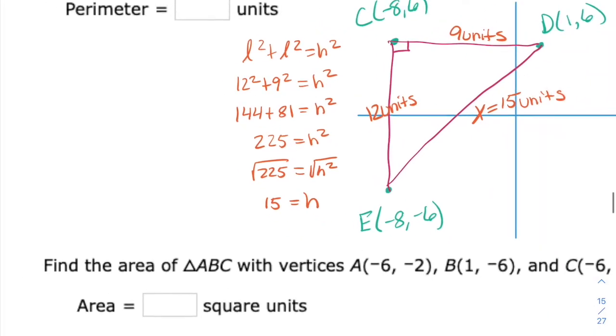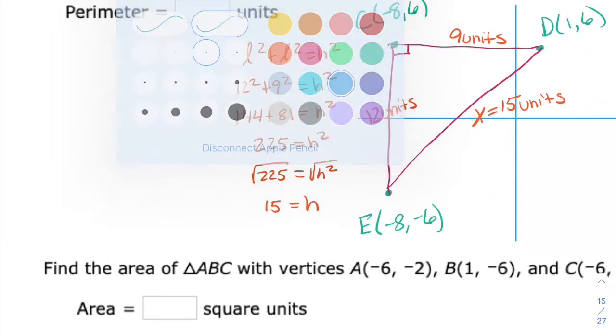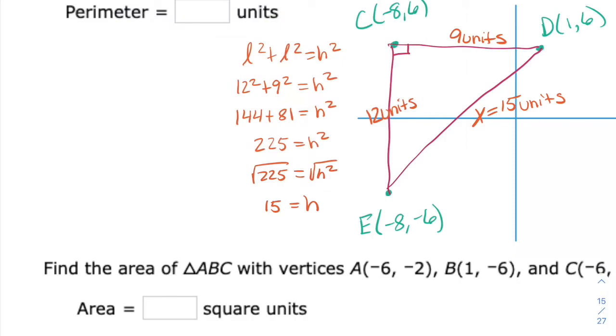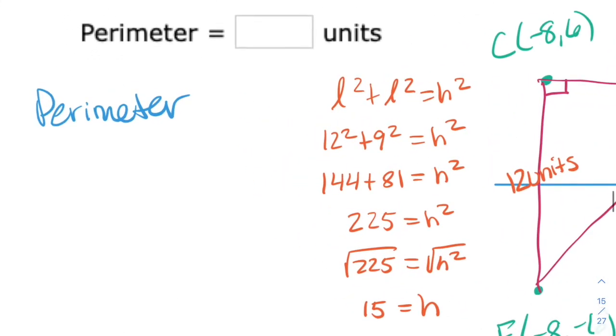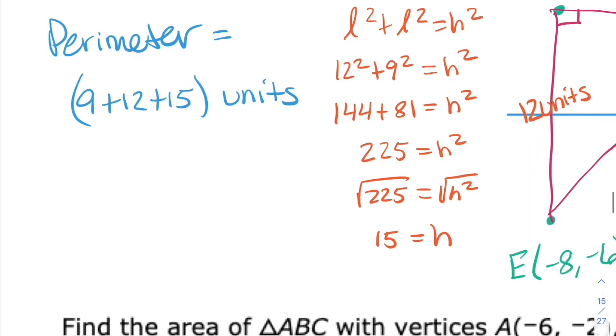So perimeter equals 9 plus 12 plus 15 units. So 9 and 12 and 15 is 36 units.